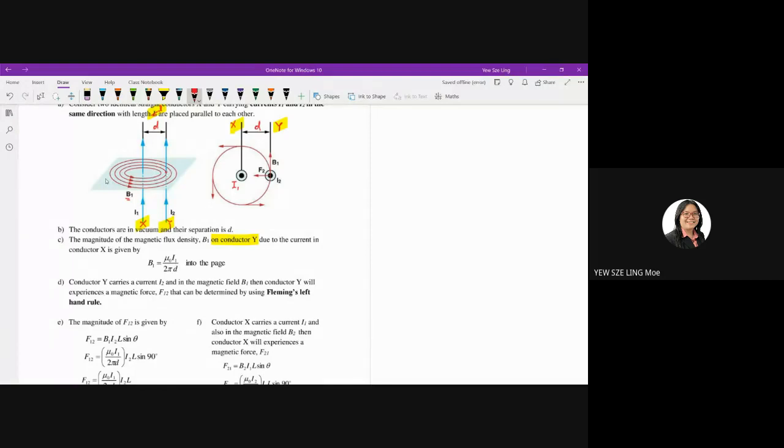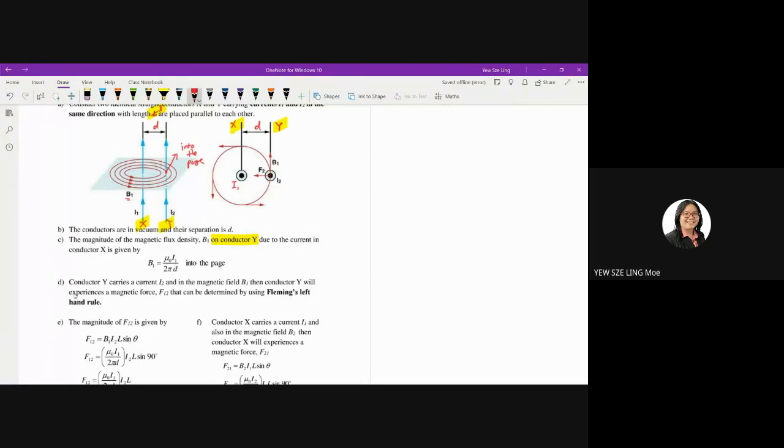And at this point, kalau kamu tengok arah dia rotate, the B is into the page. Okay, into the page. That is the meaning of B1 equals mu naught I1 over 2 pi d into the page. You want to calculate the magnetic field hitting conductor Y, then you need to look at the magnetic field generated by conductor X.